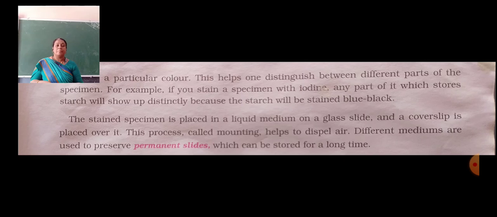Why? So that it does not move. If several people are using that specimen or slide, it could move from its place. That's why we place a cover slip over it. That process is called mounting. It helps to dispel the air.